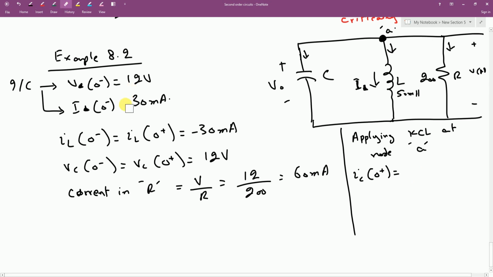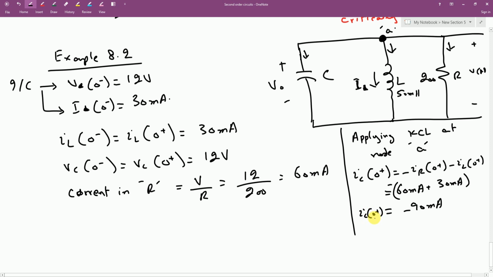Just a correction here, this is not minus, this is 30 milliampere. So IC 0 positive is equal to minus IR 0 positive minus IL 0 positive, and that is equal to 60 milliampere plus 30 milliampere with a negative sign here, and this gives me minus 90 milliampere, and this is the current IC 0 positive.